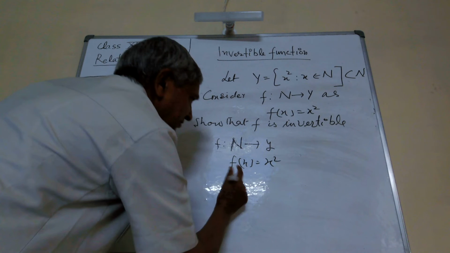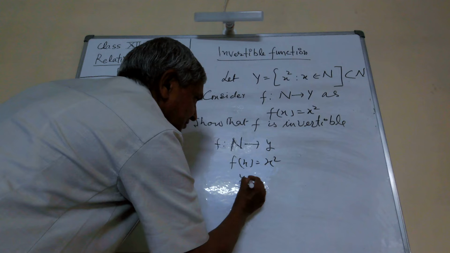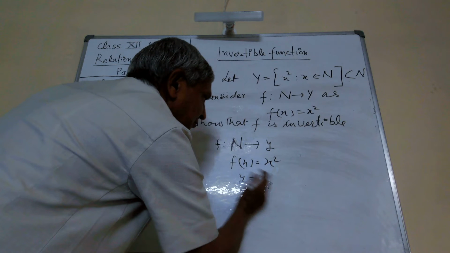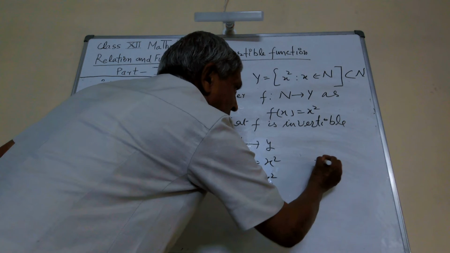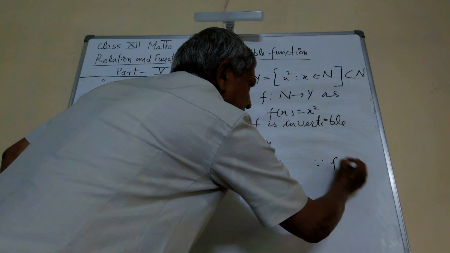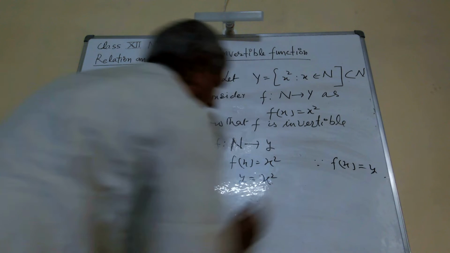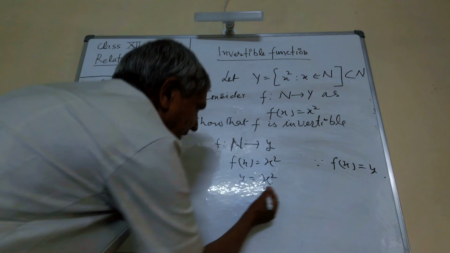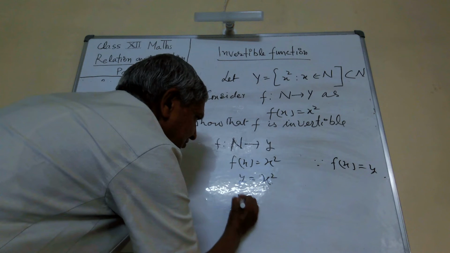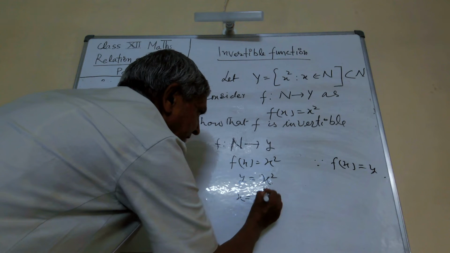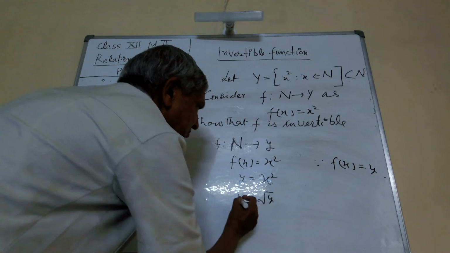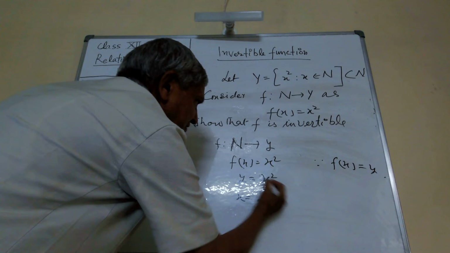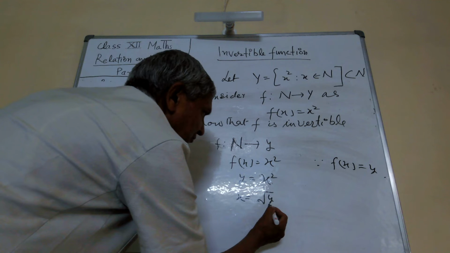And what is the value of f x is equal to y? y is equal to x square. Now find out the value of x. x is equal to root y. This is the value of y, and this is the value of x.